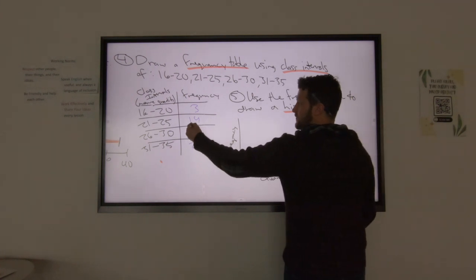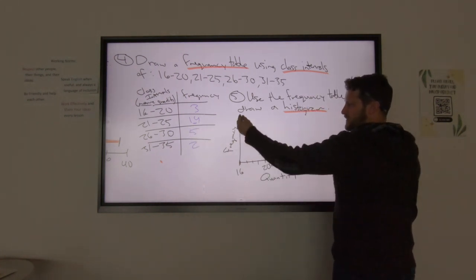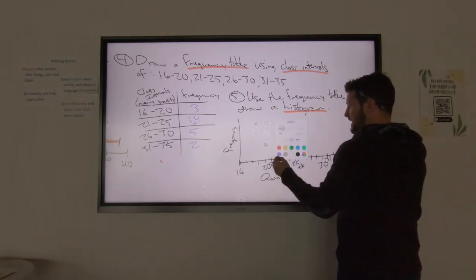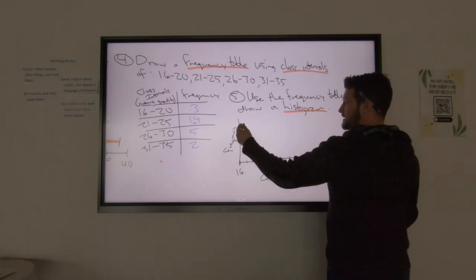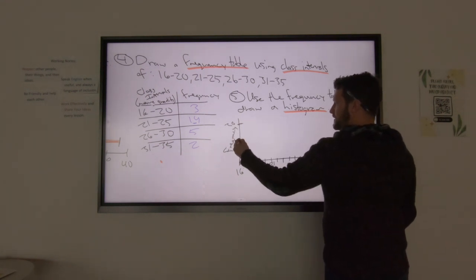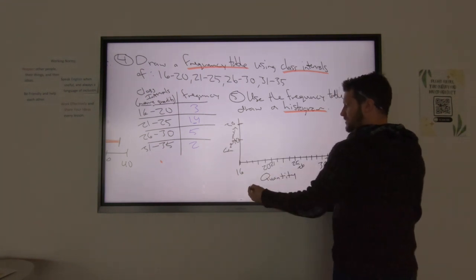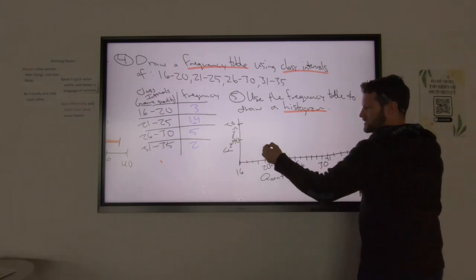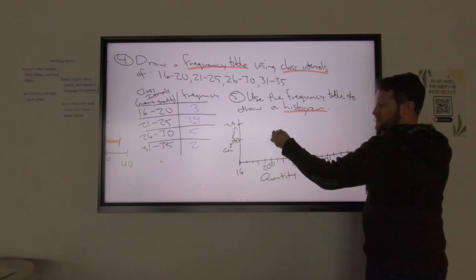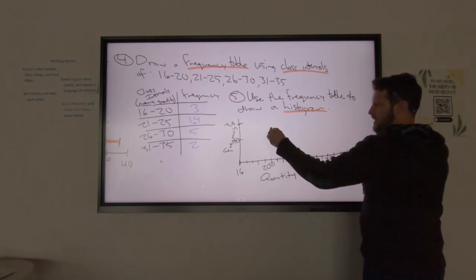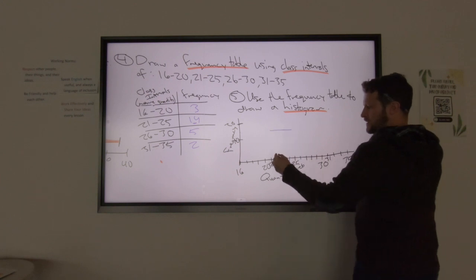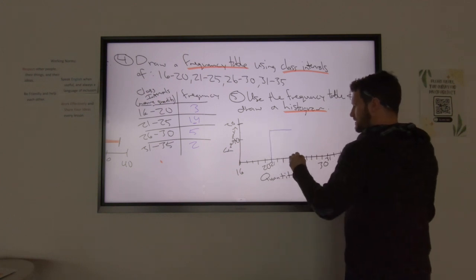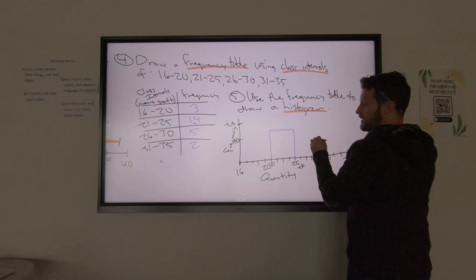The highest one is 14. So when I think about how I'm going to line this out, I would think I need to go at least to 14. Maybe I'll just go up to 20. So this is 10. So 14 is like there-ish. So if I come over to 21 to 25, this is our highest bar. And there's 21, 25, cool.